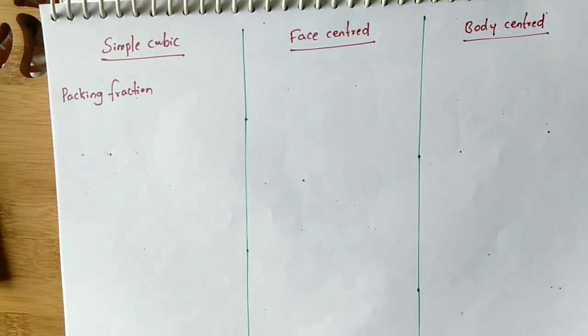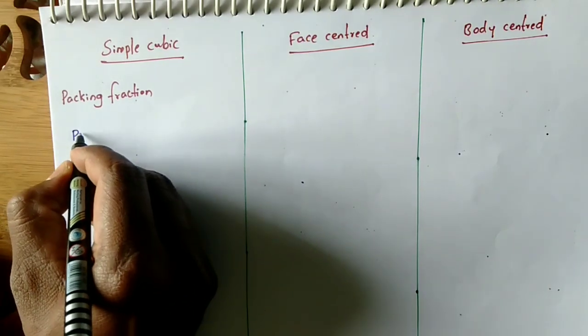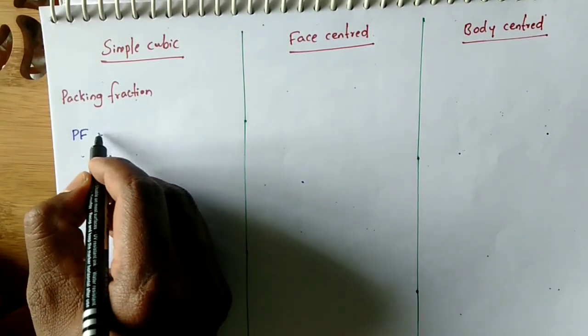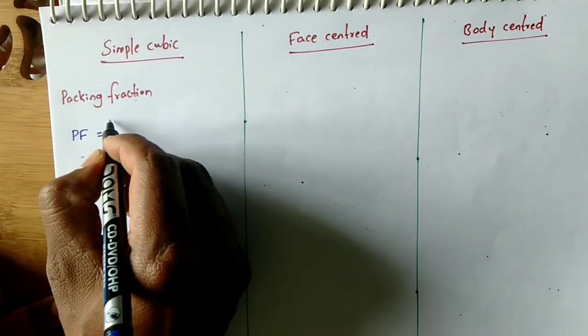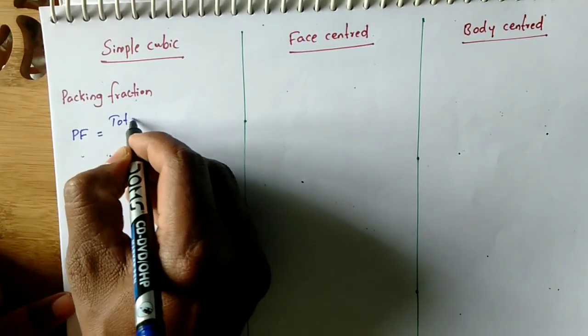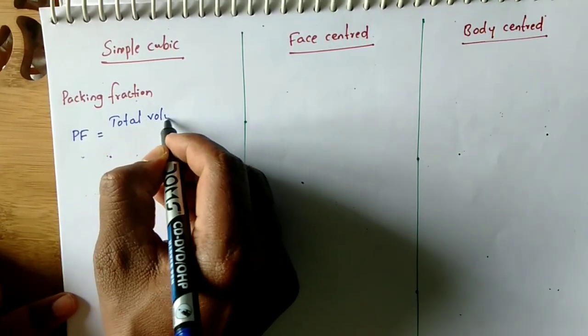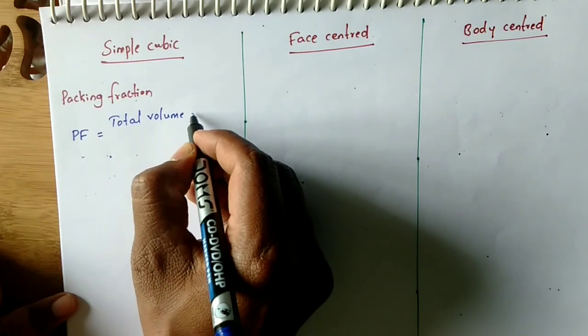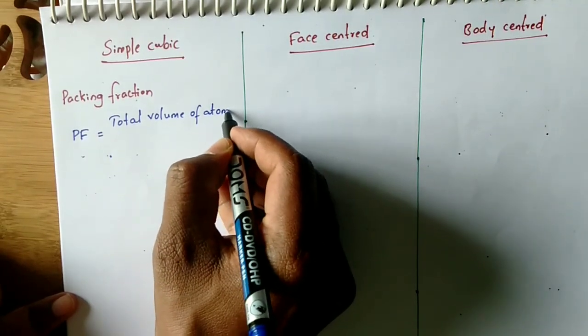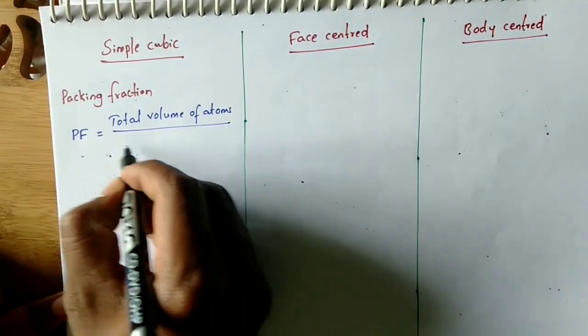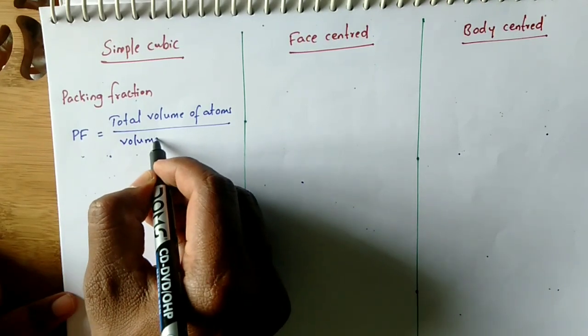How can we find the packing fraction? Packing fraction equal to total volume of the atoms in unit cell divided by volume of unit cell.